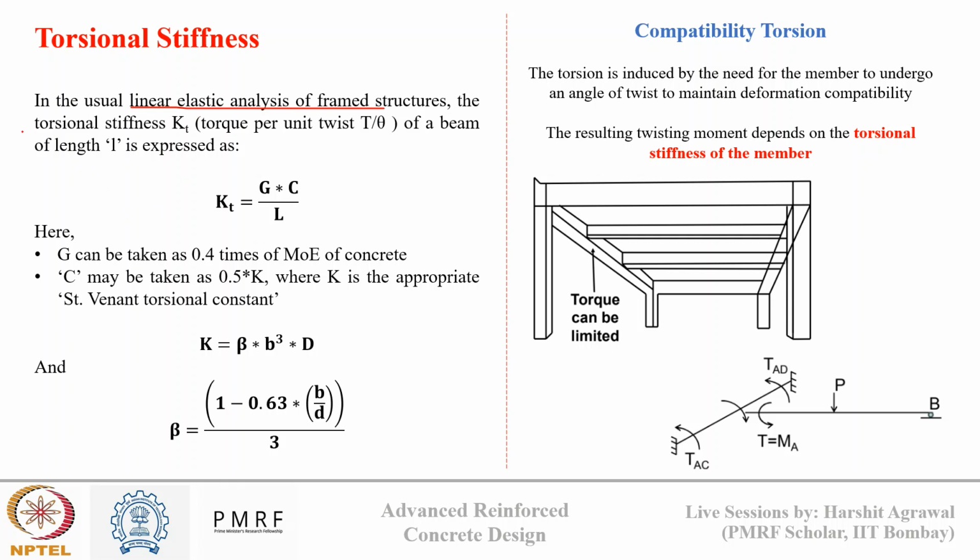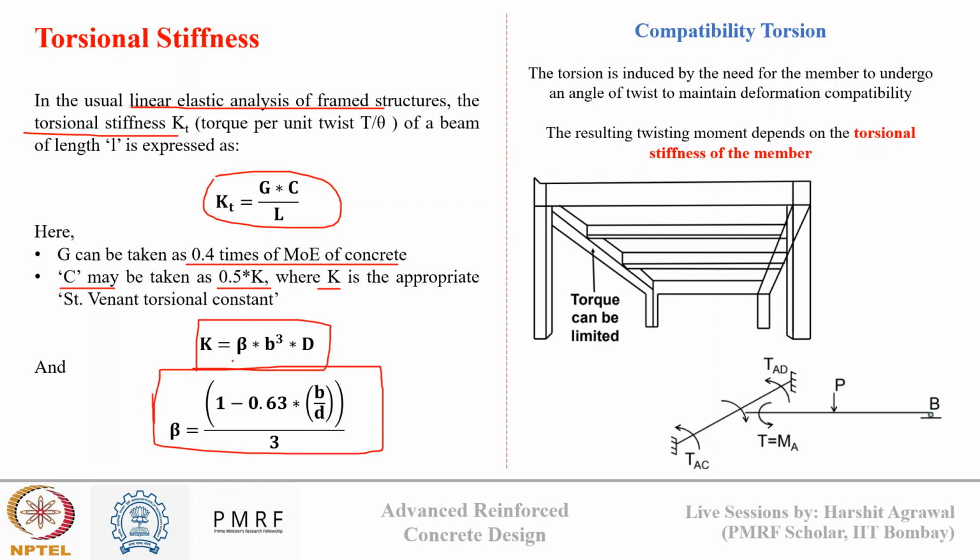The torsional stiffness kt is given by this equation: G times C upon L. G is taken as 0.4 times the modulus of elasticity of the concrete, and C is taken as 0.5 K, for which again a relationship has been provided. So from these relationships we can calculate the torsional stiffness of a member, and the higher the stiffness, the lower will be the twisting that happens in this member. So that is what torsional stiffness means.